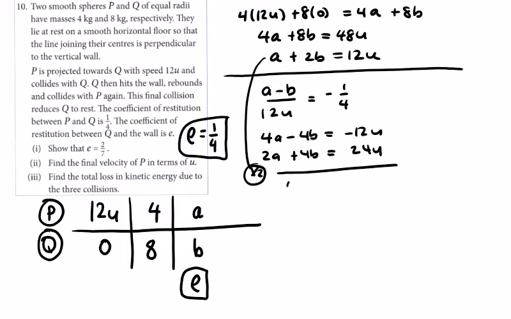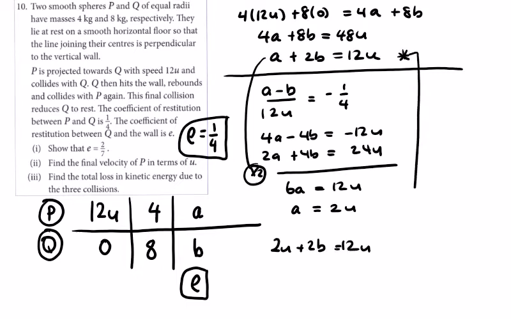So we're going to get 6A is equal to 12u, so A is equal to 2u. And if A is equal to 2u, I have 2u plus 2B equals 12u from this equation, so 2B is equal to 10u, so B is equal to 5u.